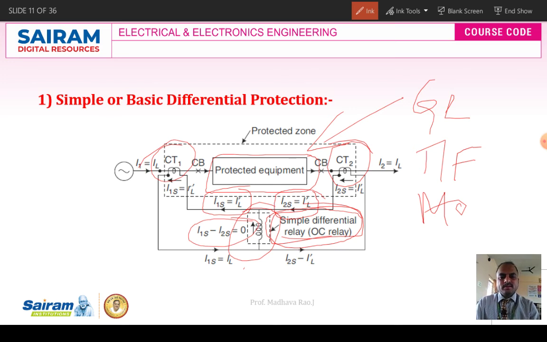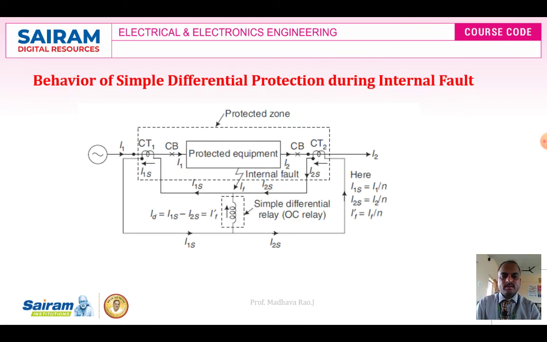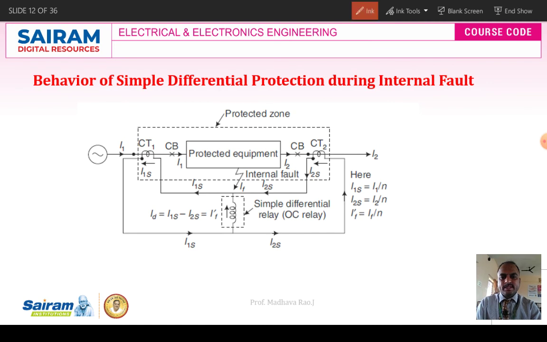This is simple differential protection. Now we can observe how it operates during internal faults. Here an internal fault occurs in the protected equipment. Suppose it is a transformer and the primary winding is damaged, so the fault occurs inside the transformer. We can see the current difference between I1S and I2S.